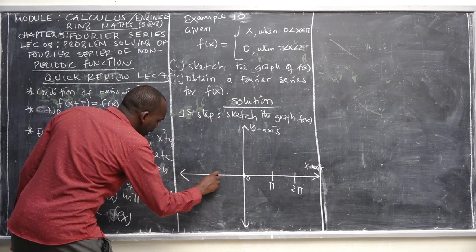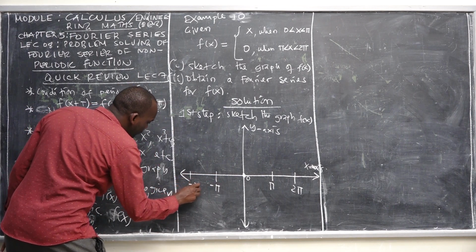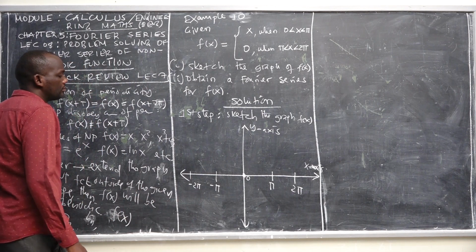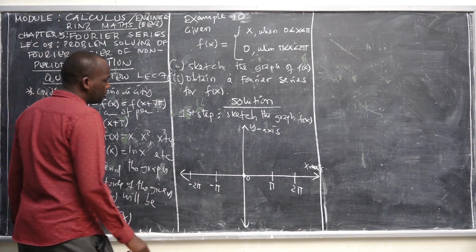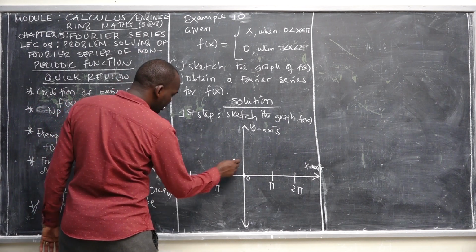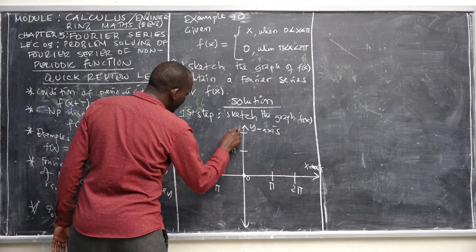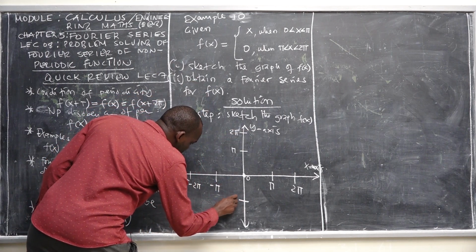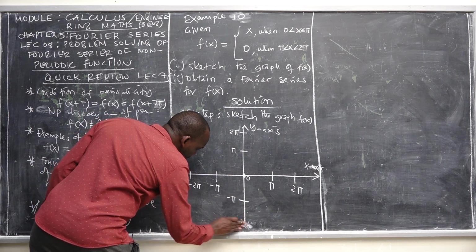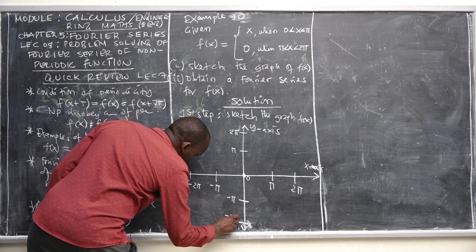On the left-hand side, this is the point we have negative pi, and this is the point we have negative 2 pi. Are we together? So we have the function there. This is the point where we have pi, and this is the point where we have 2 pi. Again, this is the point where we have negative pi, and this is the point we have negative 2 pi.